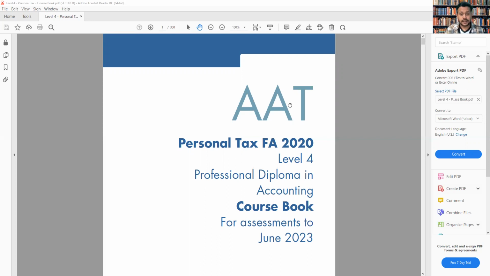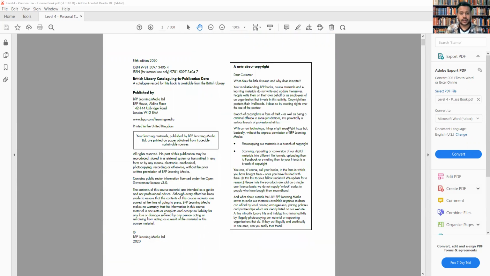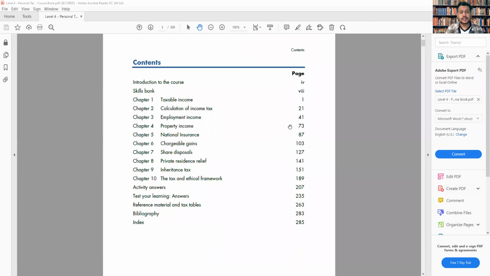So let's look at the syllabus area. This one will cover a few topics. And from this book, we're going to cover 10 chapters. In these 10 chapters, we're going to cover employment income and some inheritance tax and chargeable gain, national insurance. All of this we're going to cover from the personal income point of view.